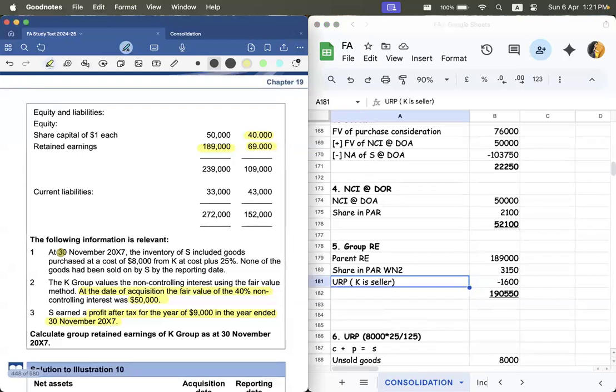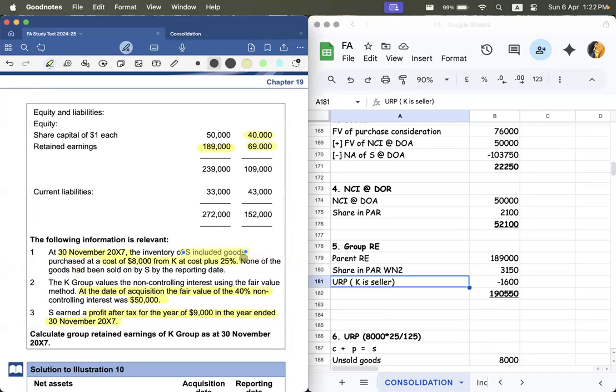At 30th November 2007, inventory of S, the subsidiary, was purchased from K at cost plus 25 percent. Cost plus 25 percent means it's a markup. So S has bought goods from K, so it is a parent seller. They have also told you none of the goods has been sold.